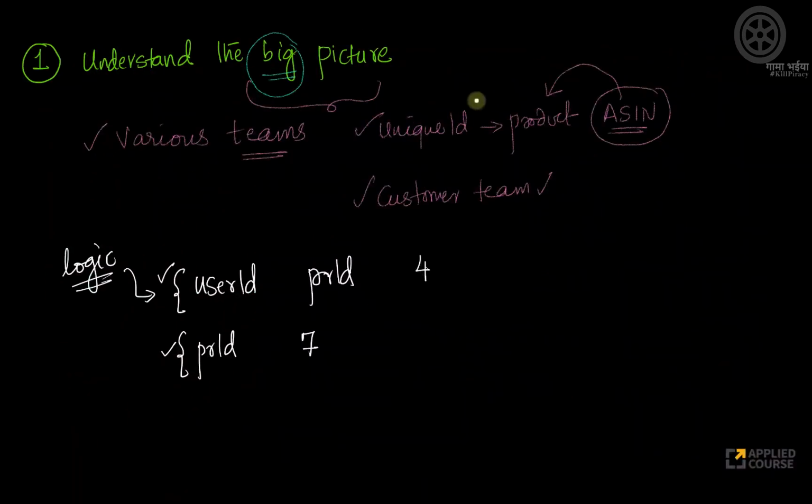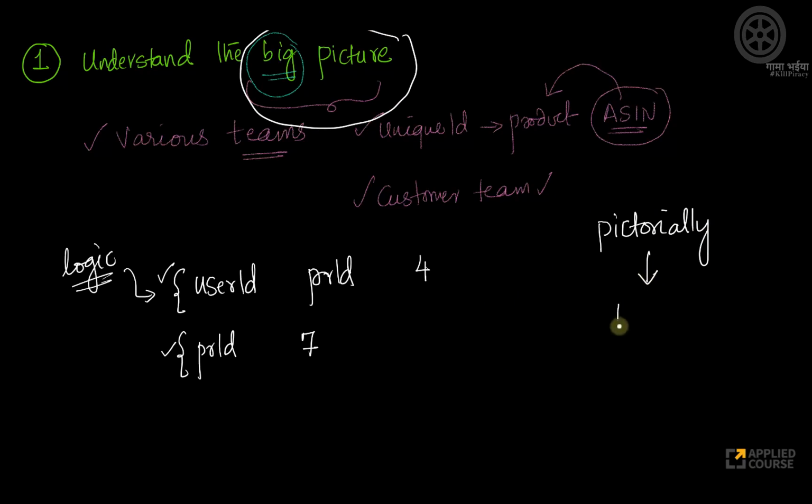You understand all of this data and you pictorially represent all of the information that you learned by talking to all these teams. Such pictorial representation is called an entity relationship diagram. Don't worry if you don't know what an ER diagram is. We'll take the example of Amazon itself and I'll walk you through how to draw ER diagrams.